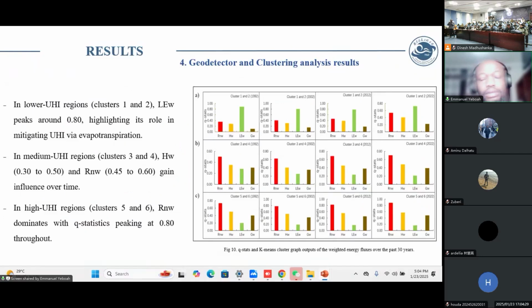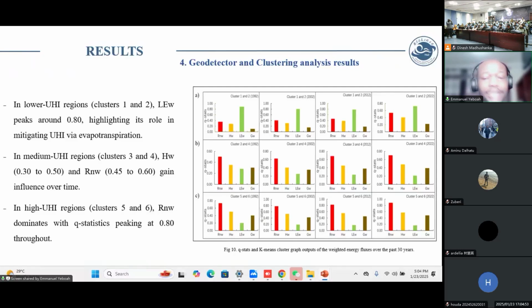Cluster 3 and 4 show that latent heat is not that influential. The influencing variable here is much more net radiation, followed by sensible and then ground heat. But the main city center, which is cluster 5 and 6, shows that indeed there is a huge gap between latent heat and net radiation.